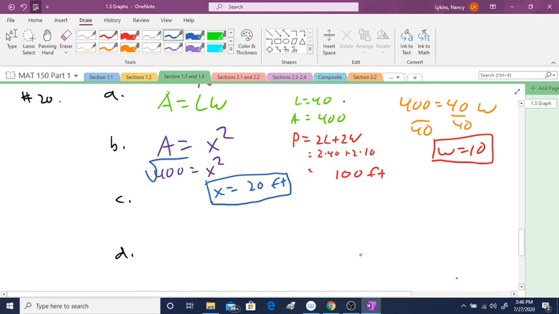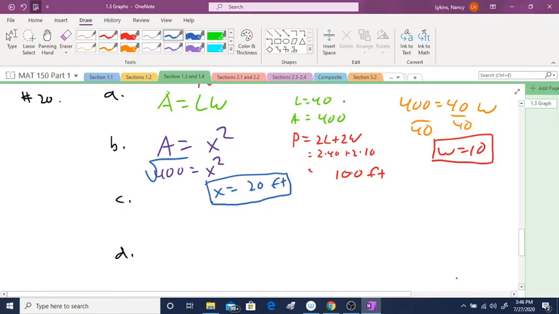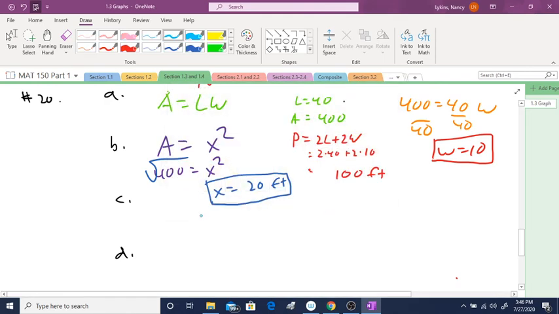Now the third part of this is asking, can two rectangles have the same area but different perimeters? Take a look at what we just did. From part A, my length was 40, my width was 10, and my perimeter was 100.